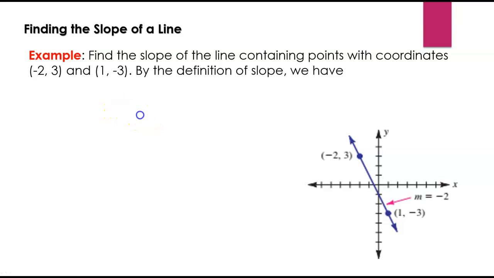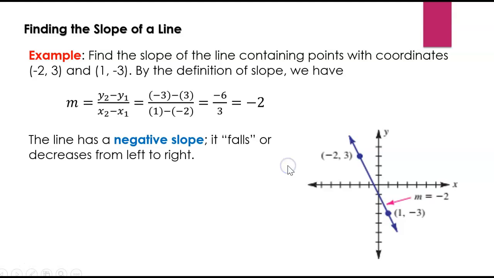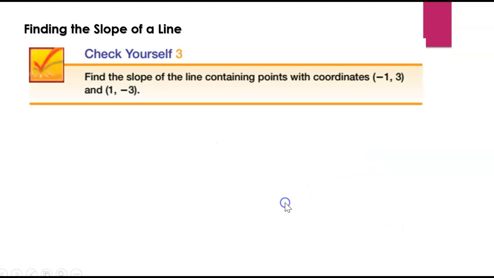By the definition of slope, we have -3 minus 3 divided by 1 minus -2 gives us -6 over 3, or -2. So you'll see this line falls from left to right, or decreases. So its slope is negative. A negative slope is a line that falls from left to right.